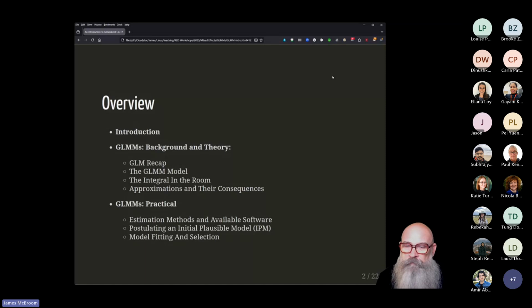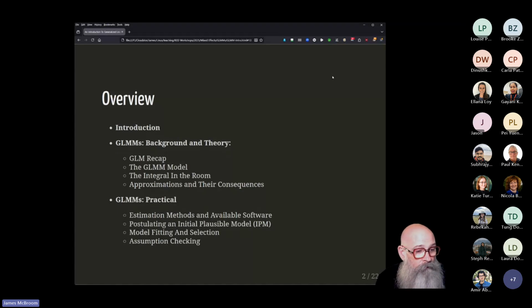Can we reduce that and make it simpler in the interests of parsimony? Doing that sort of model selection depends very much, in generalized linear mixed effects models, upon the estimation method that you have used with the software you selected. And we'll discuss that as well, because that's important.